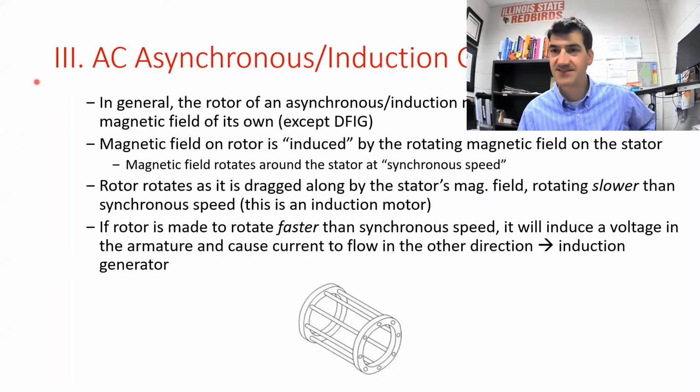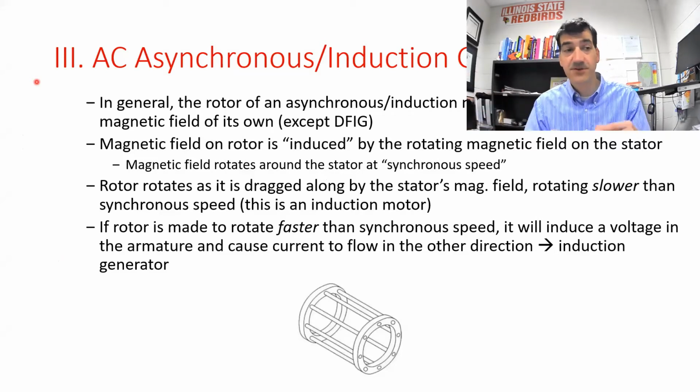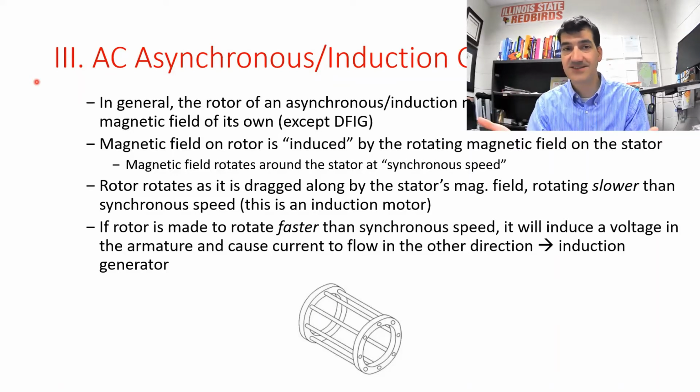So what does asynchronous mean? Well, it means that there isn't a direct correlation between the rotor speed and the output frequency. For the synchronous generators that we've talked about up to this point, the equation N equals 120F divided by P applies, and that tells you the relationship between the rotor speed and the output frequency, also based on the design of the generator, meaning how many poles there are.